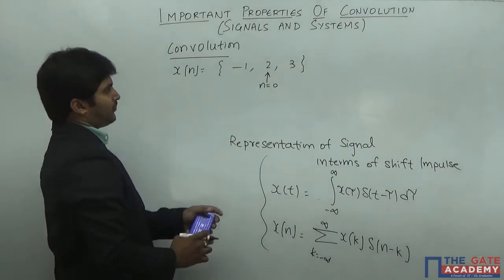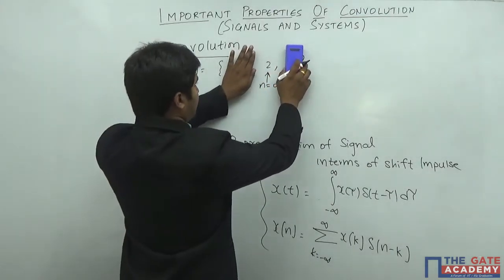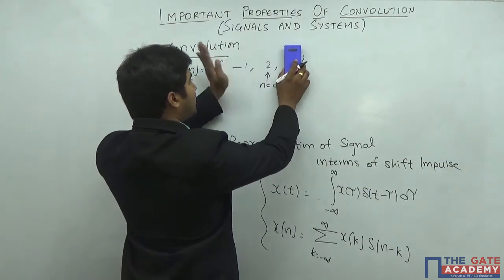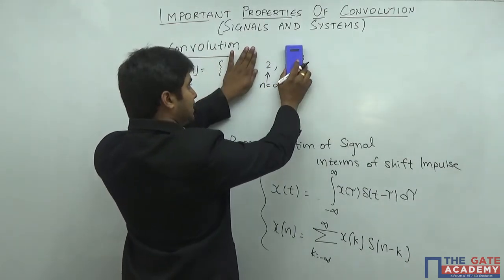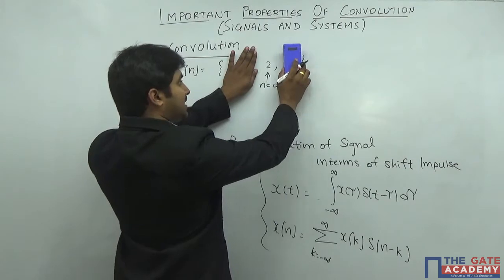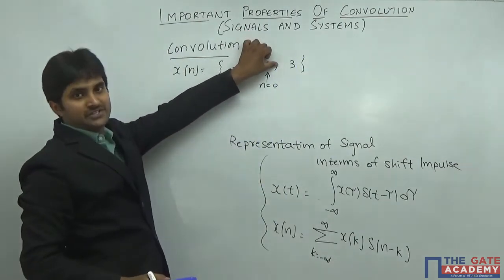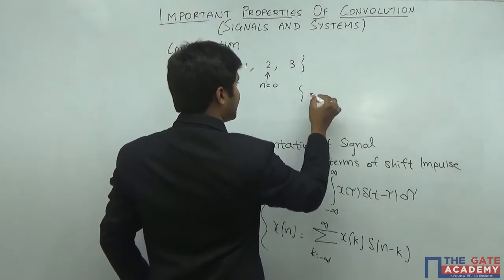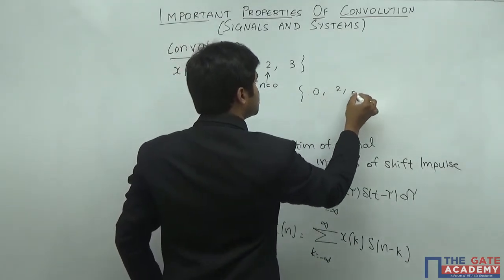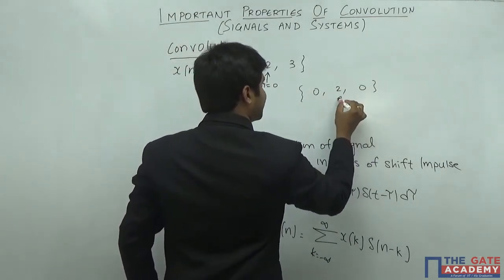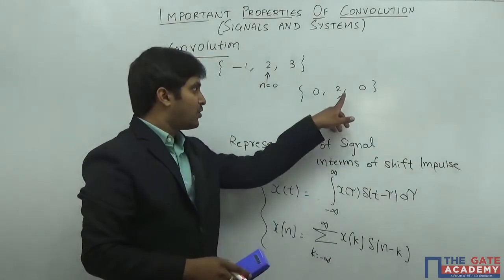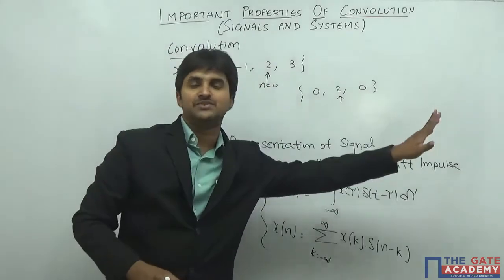Now, if you observe here, if the signal only has 2 here, and there is no minus 1 and there is no 3, then this can be represented as an impulse. What I mean to say is that if I have something like 0, 2, 0, this is a representation of an impulse, because a unit impulse is generally given as 1 here and all the other times are equal to 0.